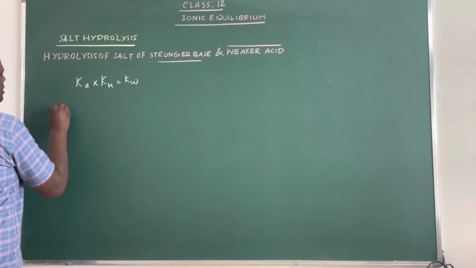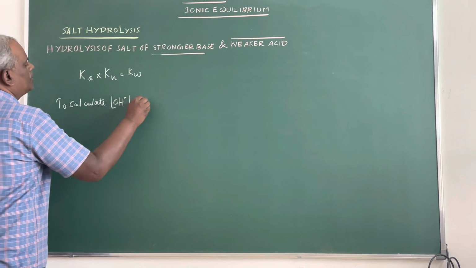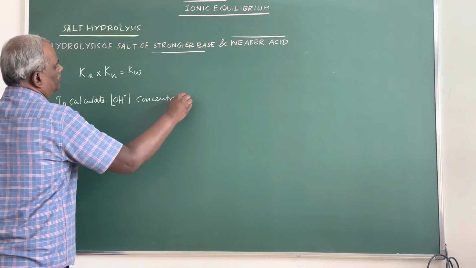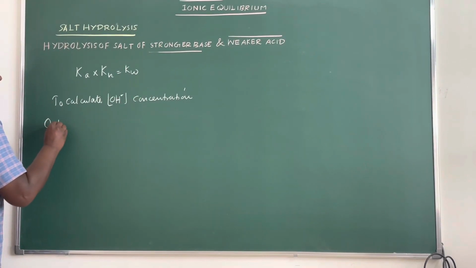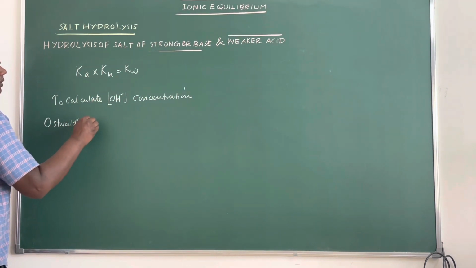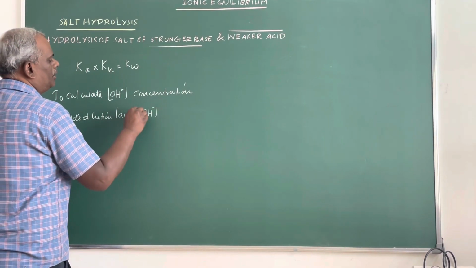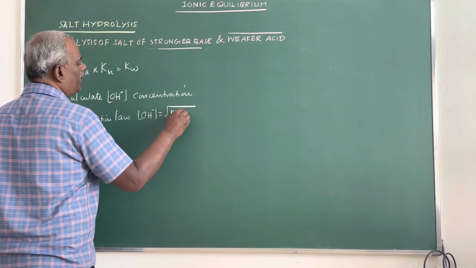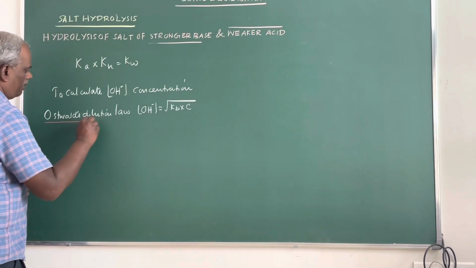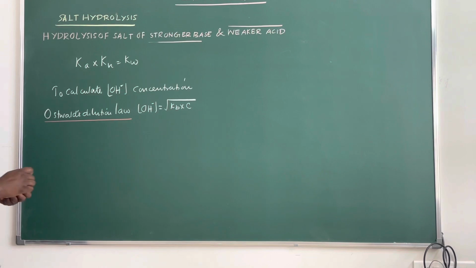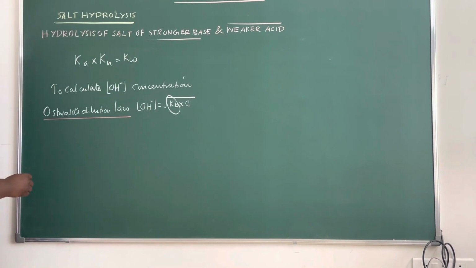Now, to calculate the OH minus ion concentration by using Ostwald's dilution law, we made one calculation: the OH minus ion concentration is equal to the square root of Kb into C. Likewise, based on the same Ostwald's dilution law, instead of using the dissociation constant of base, here the hydrolysis constant is to be employed.